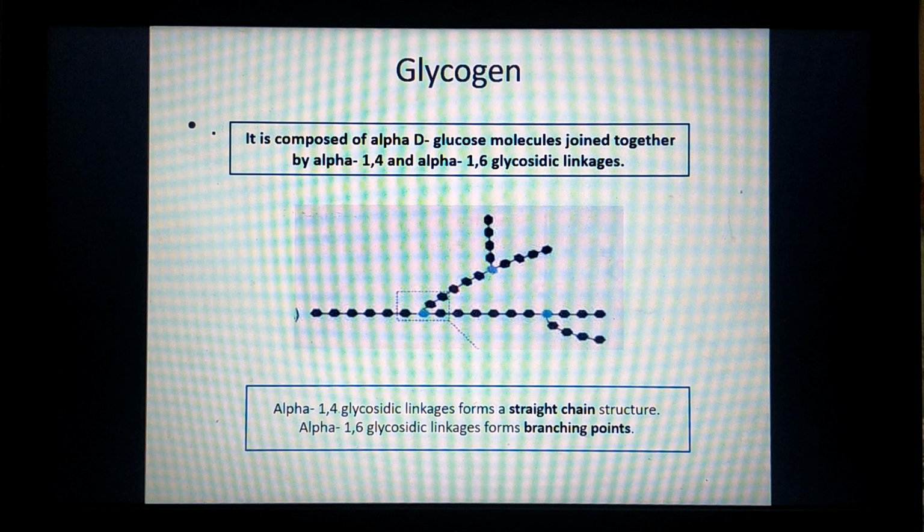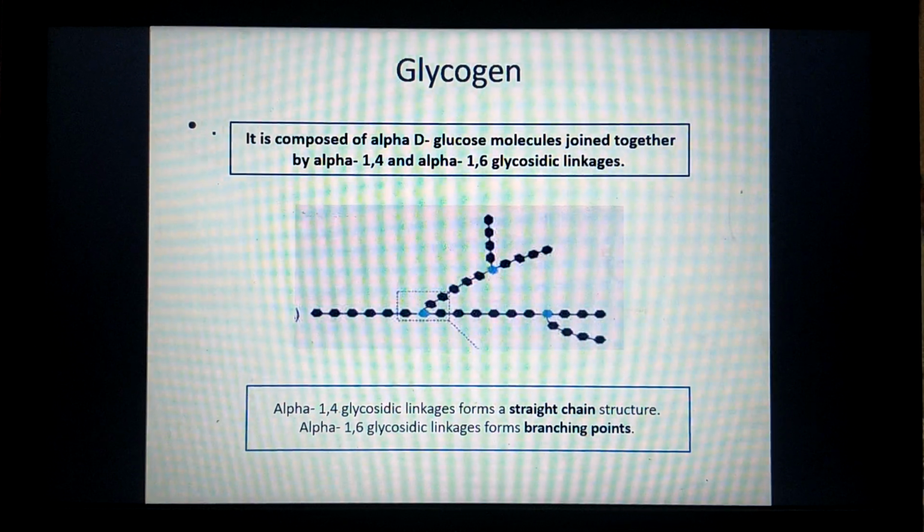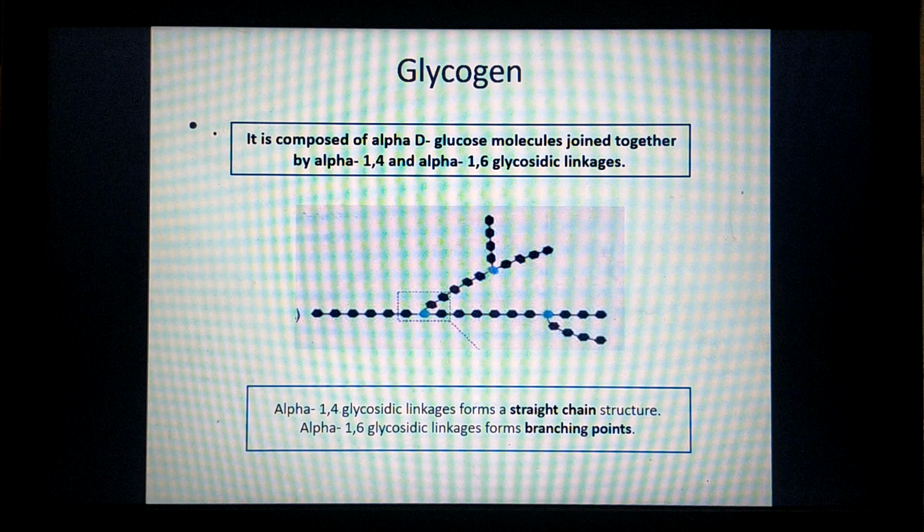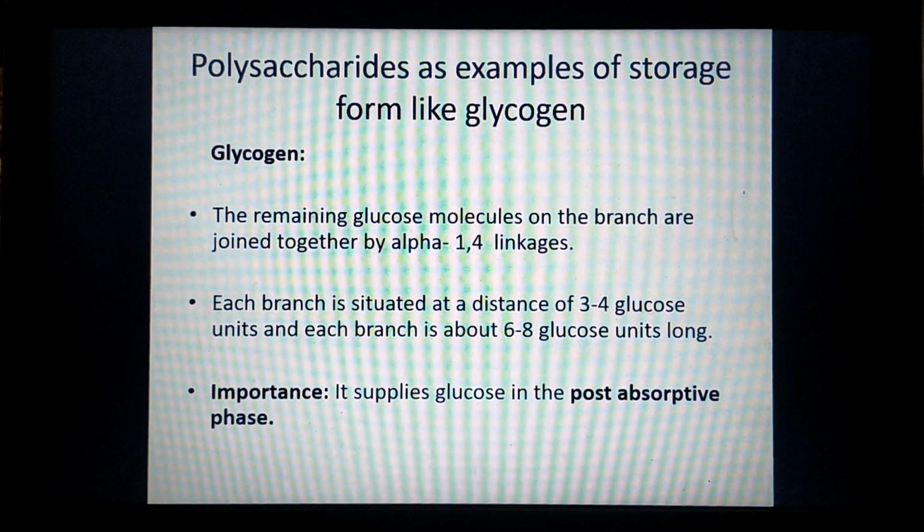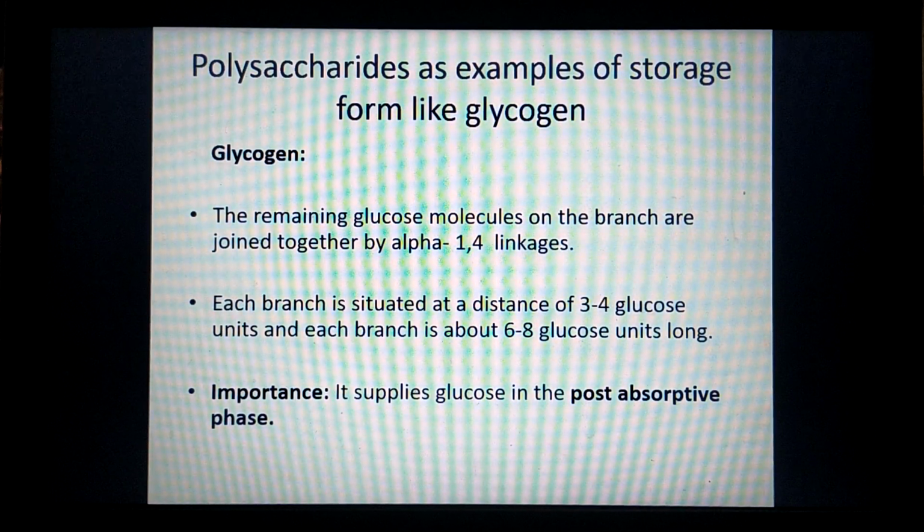Now that branching point is further extended by adding glucose molecules by alpha 1,4 glycosidic linkage. So only at the branching point you will find alpha 1,6 glycosidic linkage. So this is about the linkages present in glycogen, alpha 1,4 and alpha 1,6.